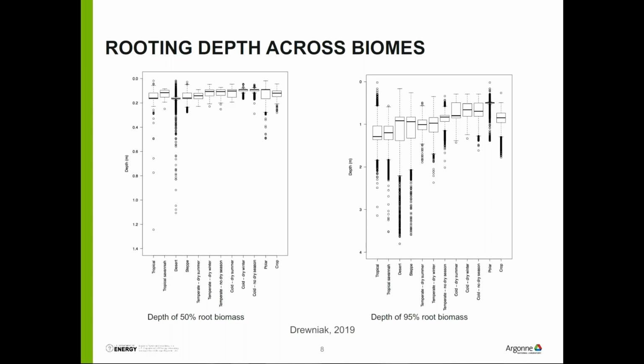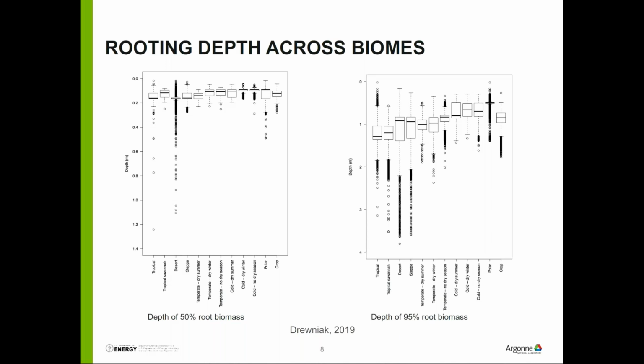The average depth for this 95% rooting mass is 0.98 meters or 98 centimeters, which is pretty close to observations, which are about 1.02 meters. This gives us some confidence in the model performance as far as what the distribution is. And there are other metrics that we looked at as well. These are just a couple that I'm highlighting for you.